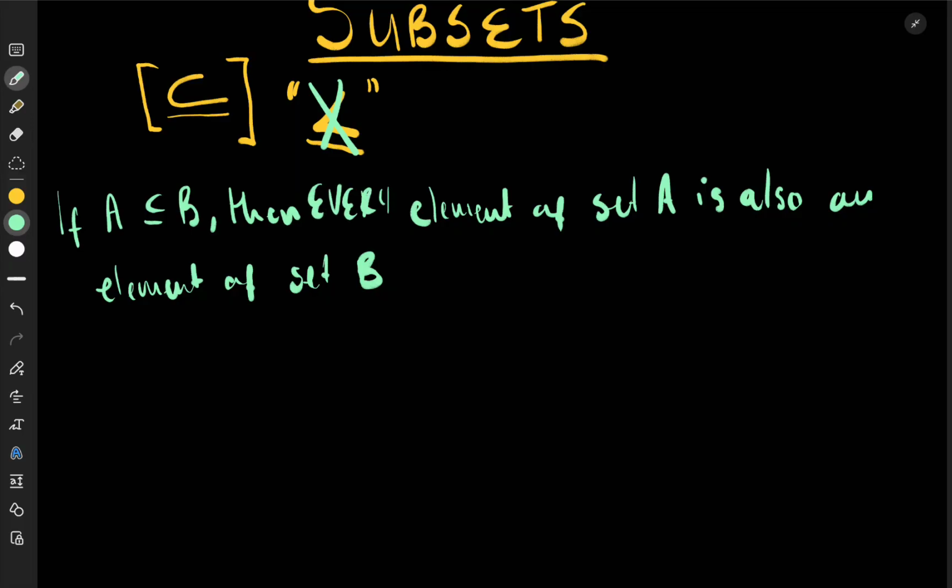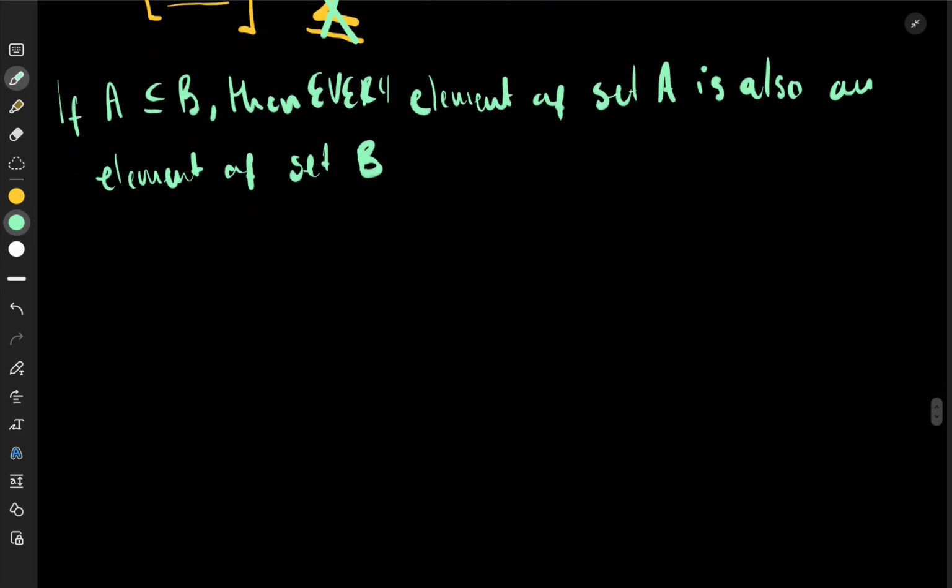Every element of set A is also an element of set B. That is the definition of a subset. If A is a subset of B, then every element that is in A is going to also be in B. Here are the two situations that you could have for subsets.